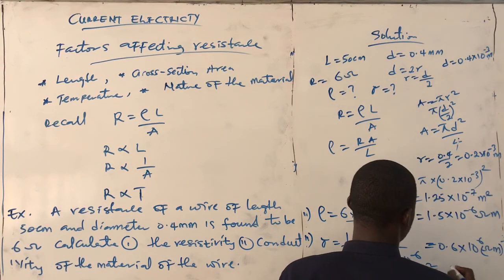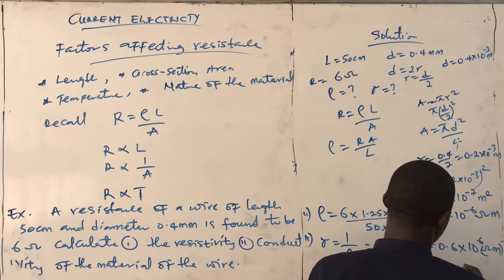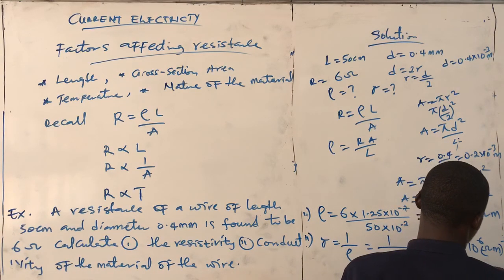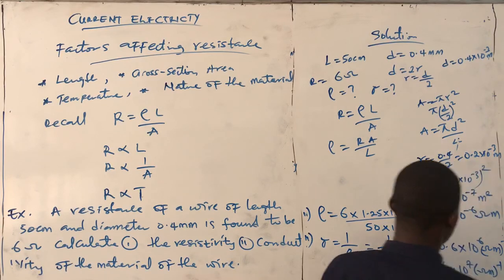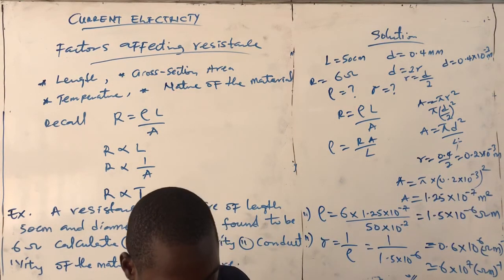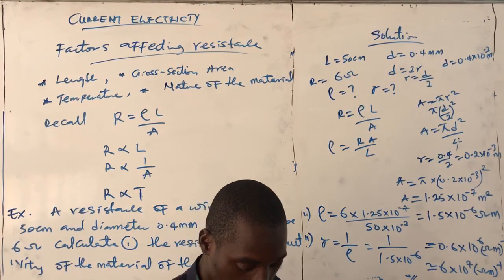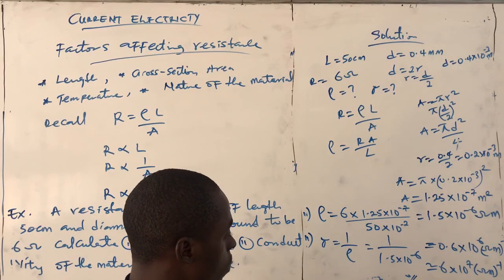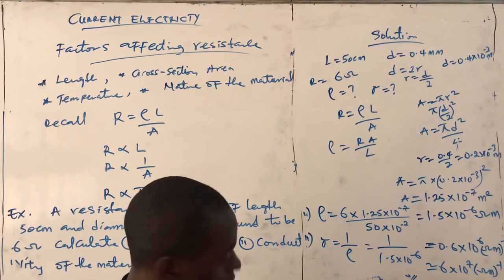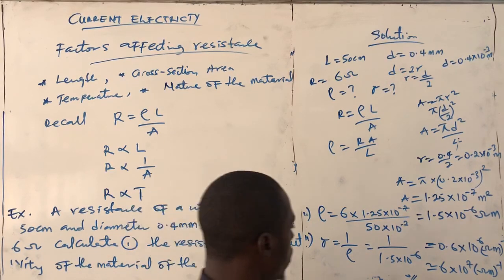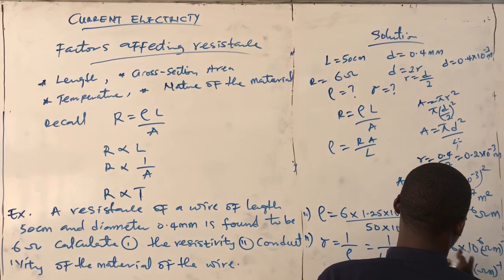So this is the same thing as 6 times 10 raised to power 5 per ohm meter. So this is the value for our conductivity.